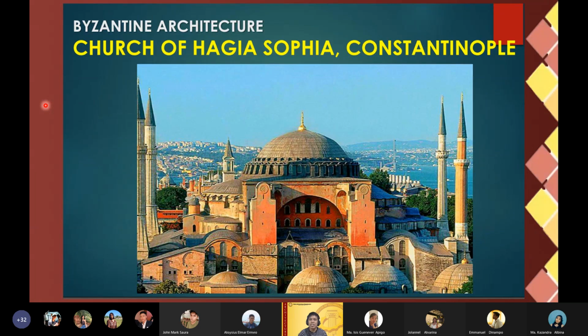If you talk about Byzantine architecture, nothing else comes to mind than the Hagia Sophia. So makita ninyo, this is one of the most gorgeous buildings in the world. Actually, UNESCO heritage na ni siya nga building.